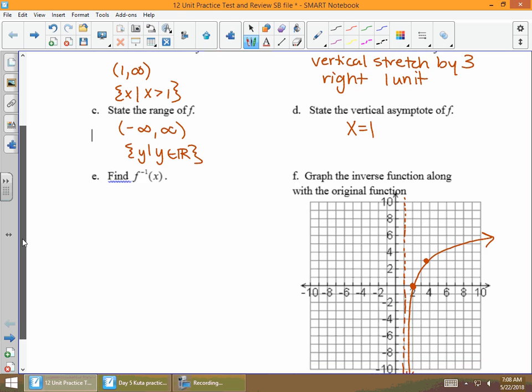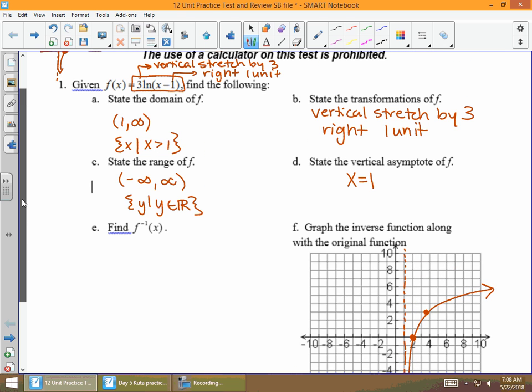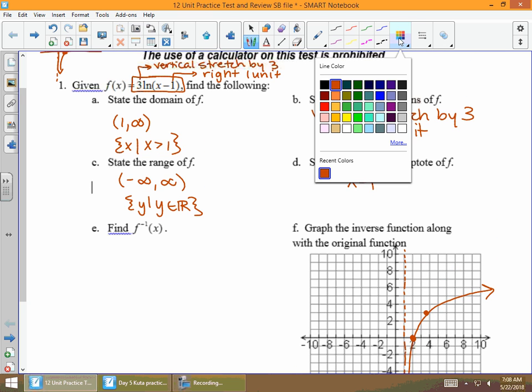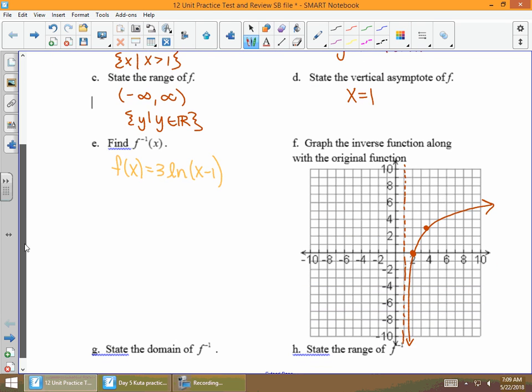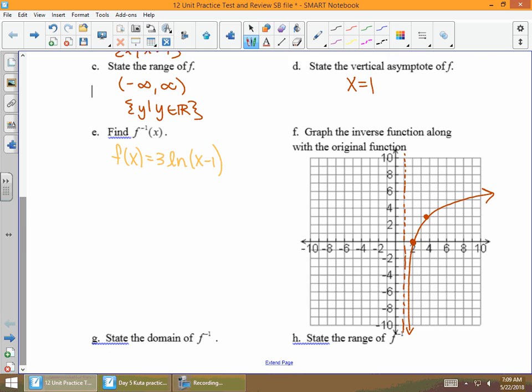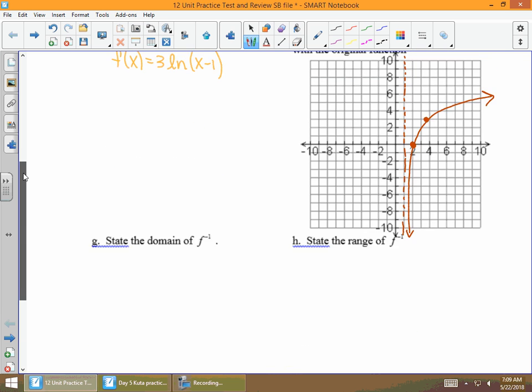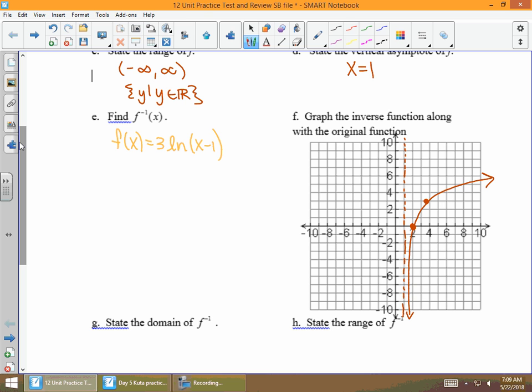And now we need to find the inverse. So to find the inverse, I start by just rewriting f of x is equal to 3 ln of x minus 1. Anytime we're finding an inverse, whether it's with a natural log or an exponential or any other function, we change our f of x to y. Switch x and y.